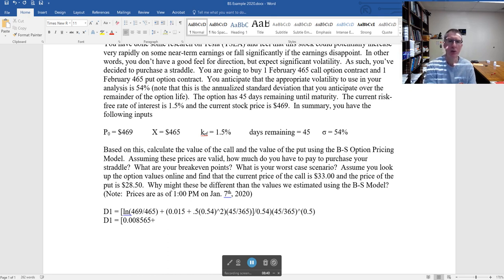Now I want to go to this next section here. This is within parentheses. So I'm going to start with the 0.54 squared, multiply that by 0.5, add in 0.015, and that gives me 0.1608.